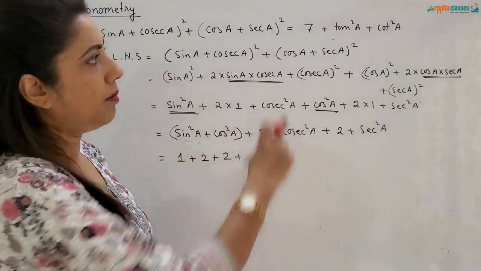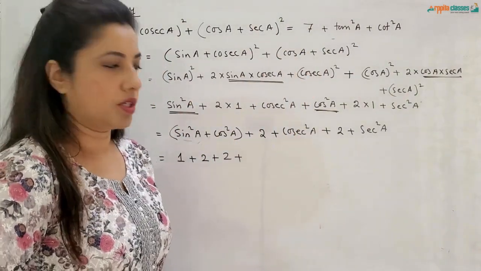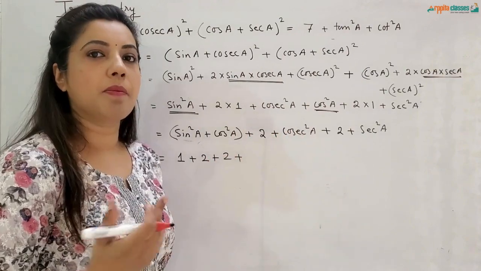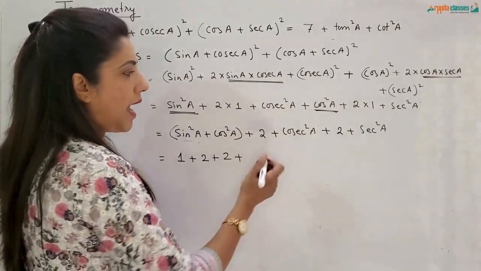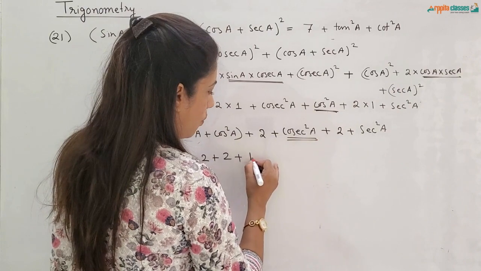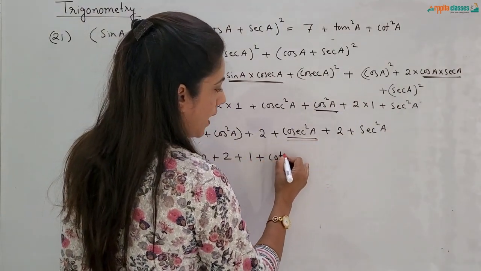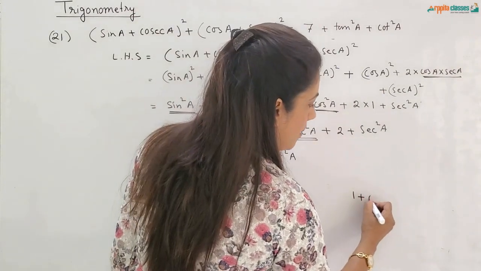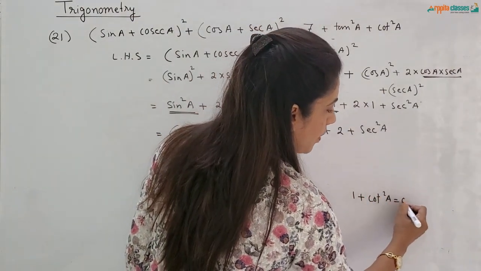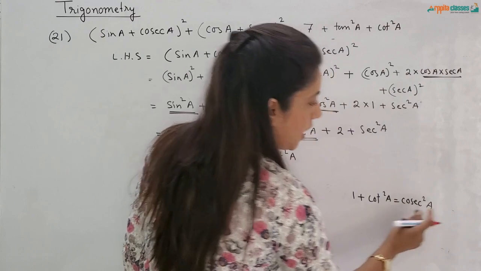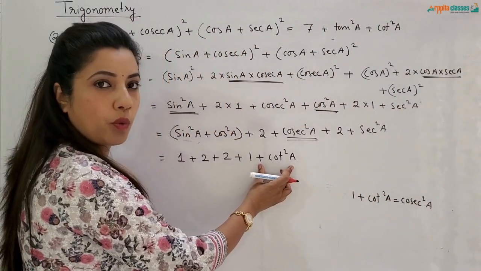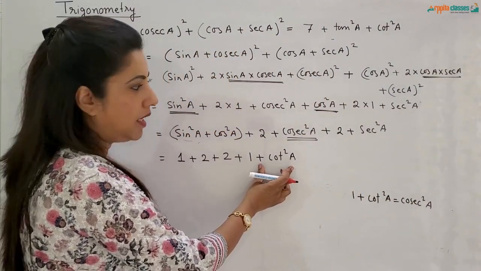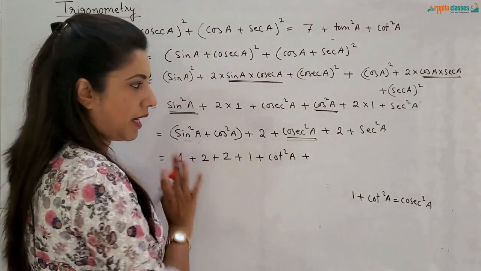Now I can see on my right hand side I have tan and cot. So cosec square A can be substituted by cot square A as we have the relationship 1 plus cot square A is equal to cosec square A. So in place of cosec square A I put 1 plus cot square A, right? Plus this 2 is already taken here.